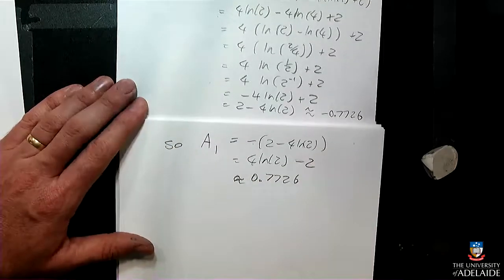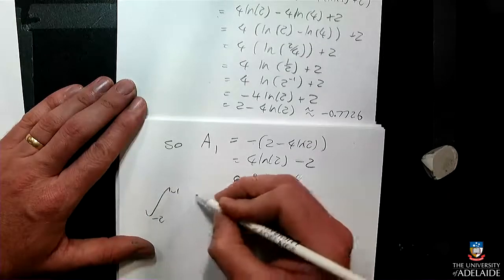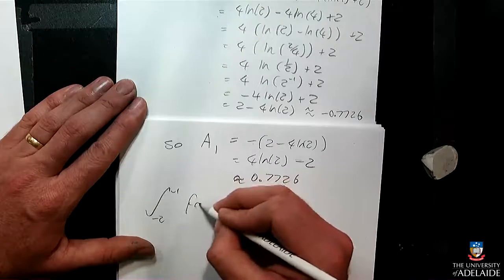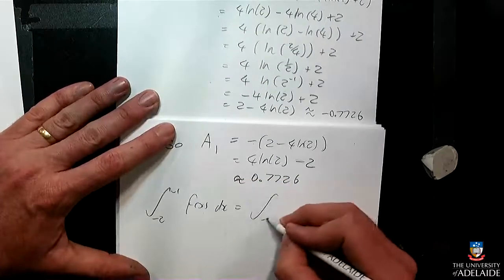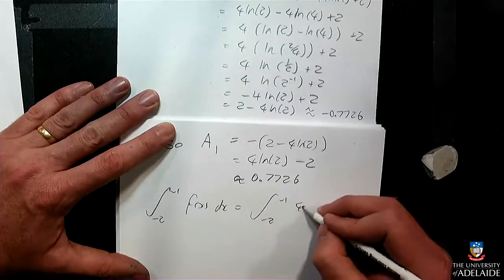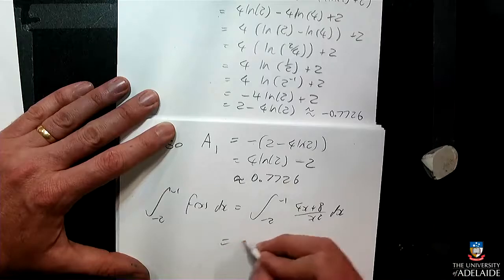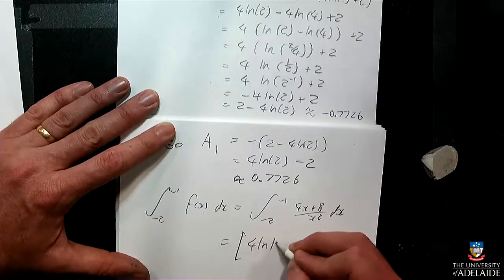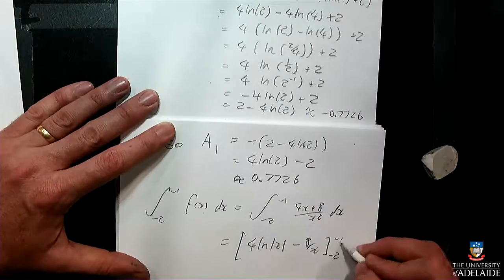Okay, now the integral from minus 2 to minus 1 of f of x dx is the integral from minus 2 to minus 1 of 4x plus 8 over x squared dx. And we know what that works out to be. It's 4 ln absolute value of x minus 8 on x from minus 2 to minus 1.